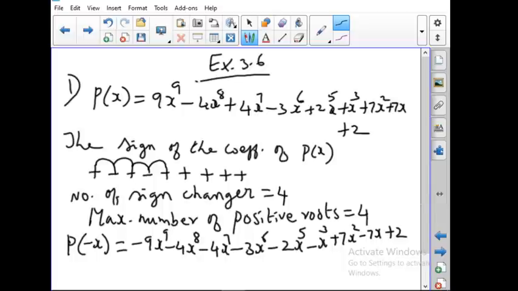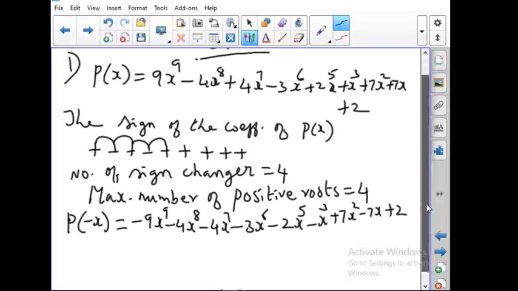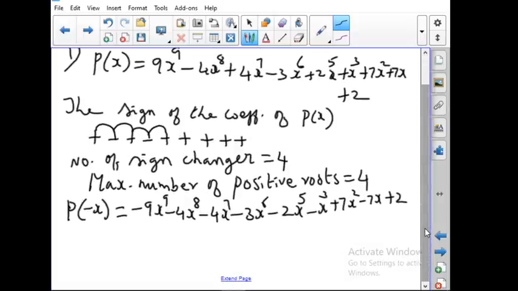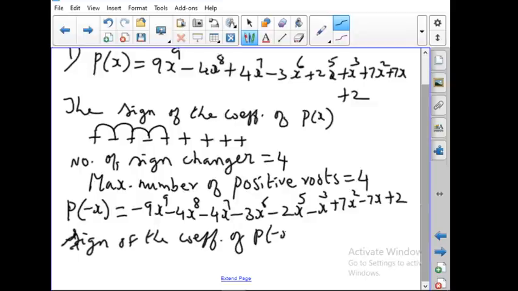So now see the sign changes. So the sign of the coefficients of p of minus x we have to check again. So what about it? Minus, minus, minus, minus, minus, minus, plus, minus, plus. So how many changes? 1, 2 and 3.